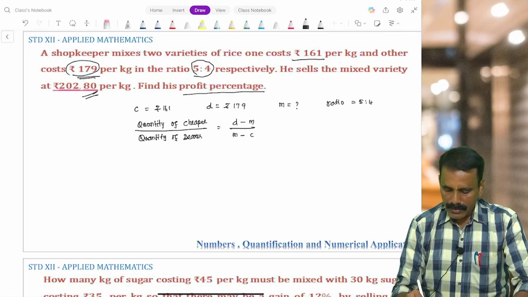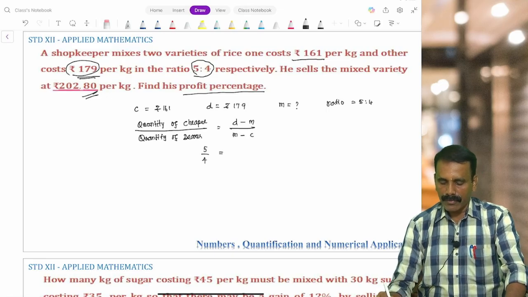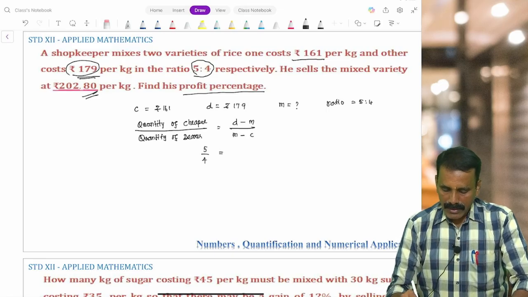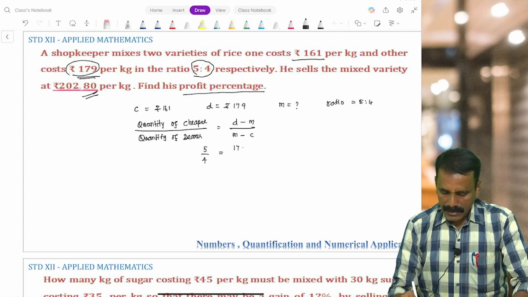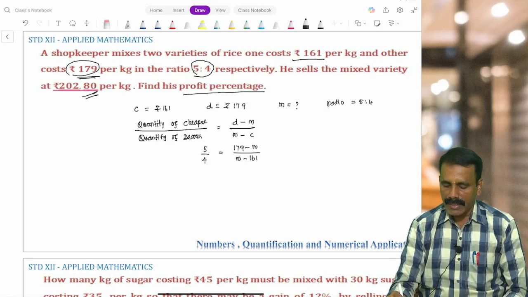So the ratio given to us is going to be 5/4. 5:4 is nothing but in the conversion to fraction, 5/4. Now dearer one is 179 minus m divided by m minus 161. We are in the process of finding m.